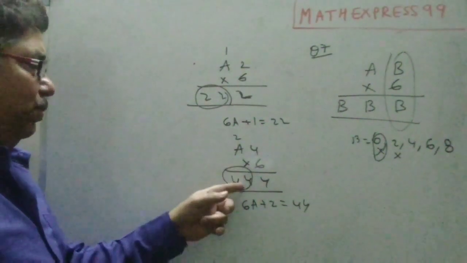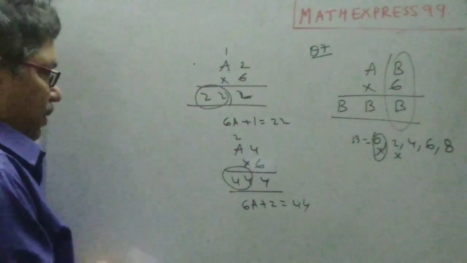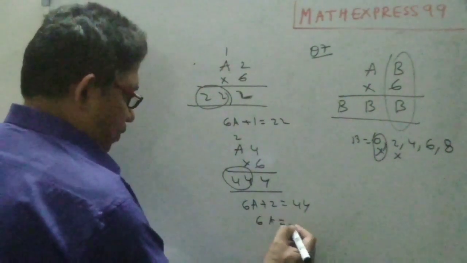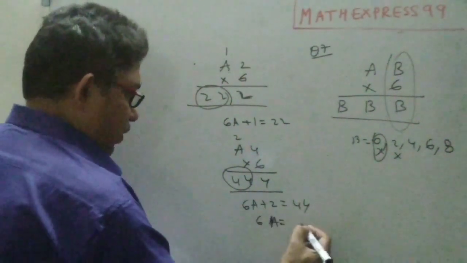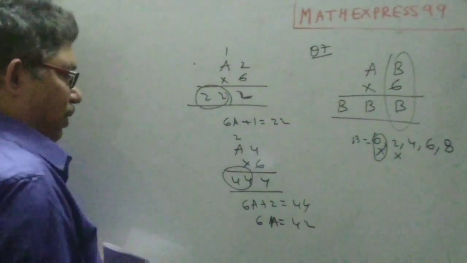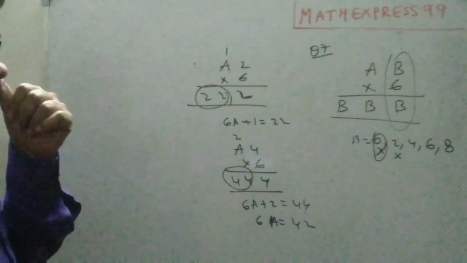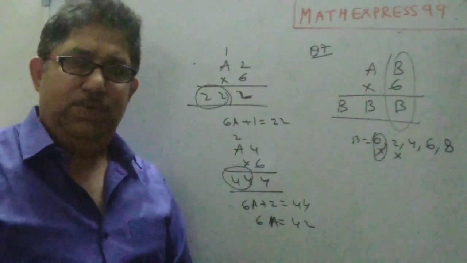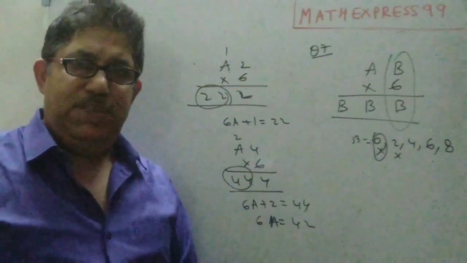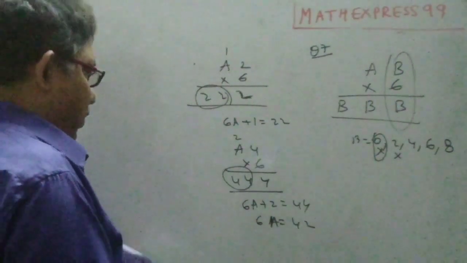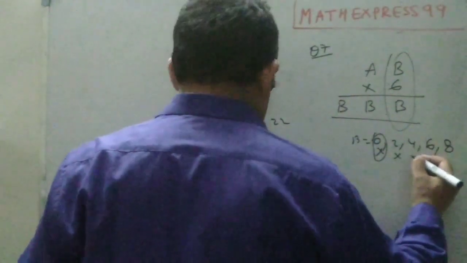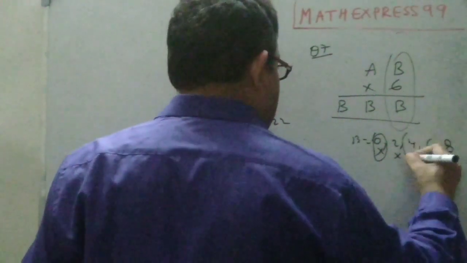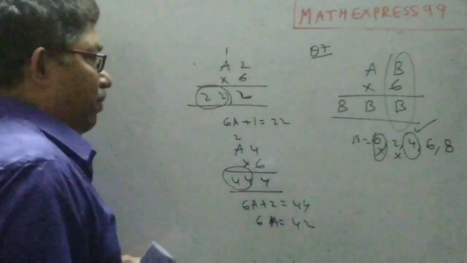That means 6A should be, this 2 you can take on the other side, 42. Does 42 come in the table of 6? Yes, 42 comes in the table of 6. 6 into 7 is 42. So yes, it is possible. So B equal to 4 is very much possible.